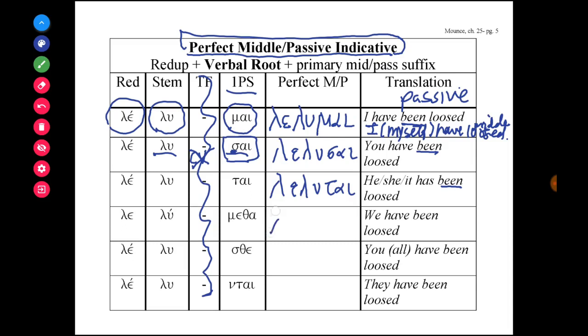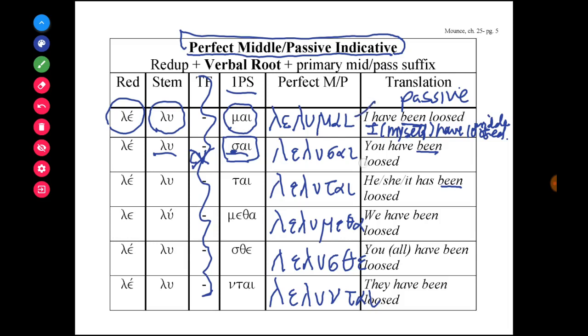We have been loosed, lelumetha. You all have been loosed, leluSthe. And they have been loosed, leluntai. So let's say these forms again, all together. Ready? 1, 2, 3. Lelumai, lelusai, lelutai, lelumetha, lelusthe, leluntai.